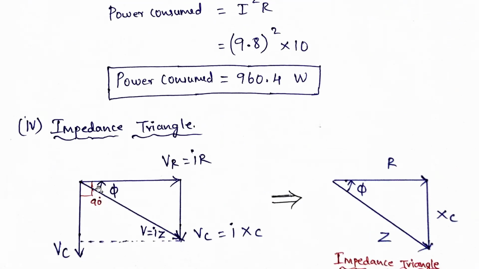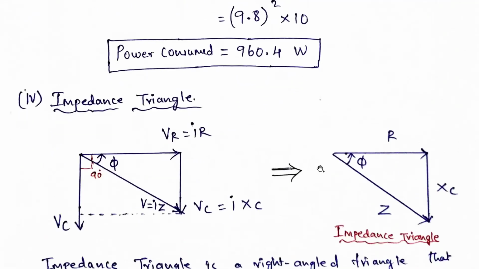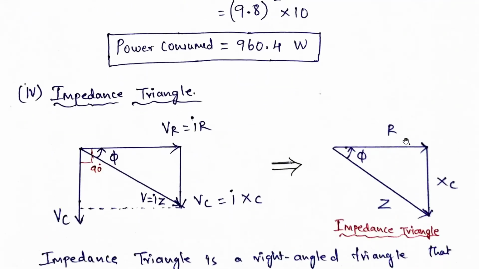So what is the phase angle here? A certain phase angle will be there between the voltage across the resistance and the resultant voltage. But the voltage across the resistance and the voltage across the capacitance are 90 degrees apart. So what is the phase angle phi? That is whatever we calculated. What is the resistance over here?